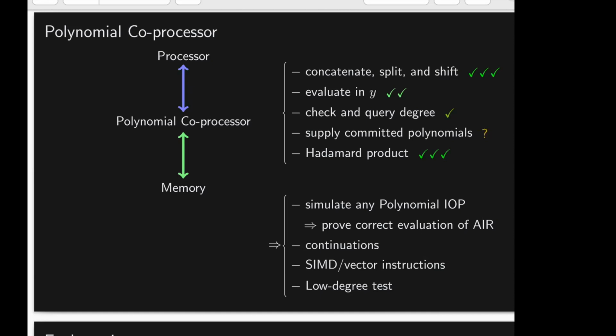But you can extend this to multiplication, and there are a whole bunch of single instruction multiple data operations that you can derive from operations on polynomials. And lastly, we need the low degree test to make it work, but once we have it, we can find tons of applications for it. So it's these applications that are really making us enthusiastic about this construction.